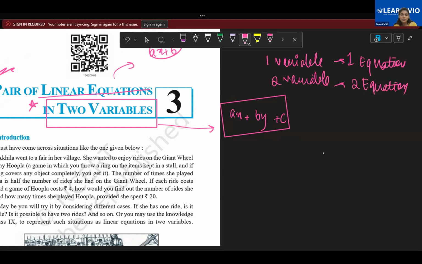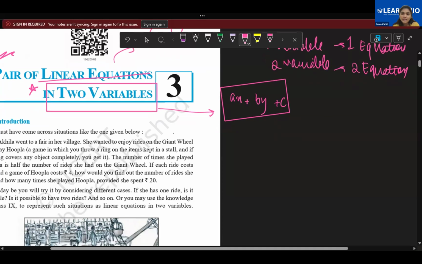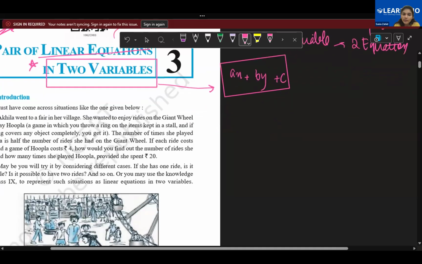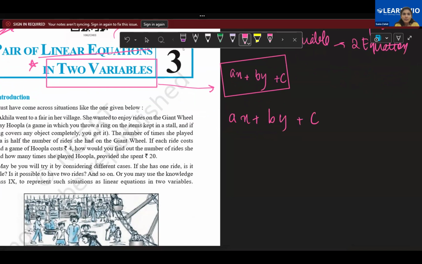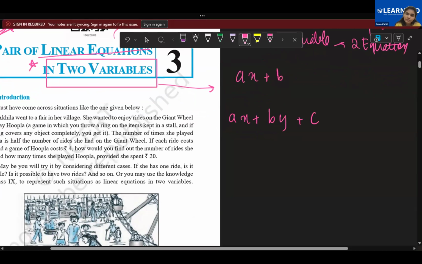So in every question, you will come across this thing that you're going to deal with two equations. The other equation will also have the general formula of ax plus by plus c, right? But the only difference is the terms will be different. So you have two equations, but here you'll refer to them as a1, this is a2, this is b1, this is b2, this is c1, and this is c2.